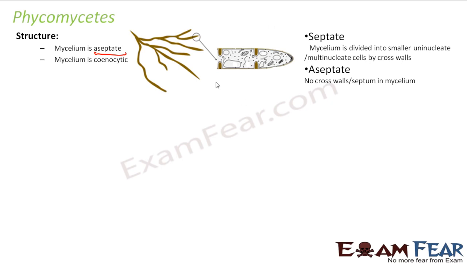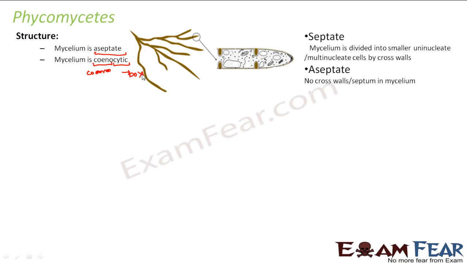The mycelium is cenocytic. What is the meaning of cenocytic? The word ceno means common and the word cytic means a box. So a common box: when inside the mycelium there are no walls, no separation, no compartments, all the contents of the cell are present in one common box.